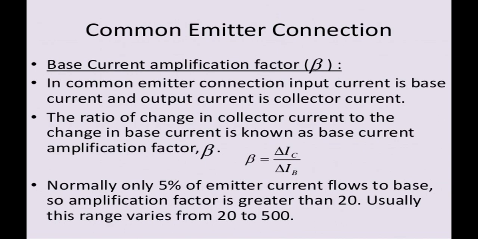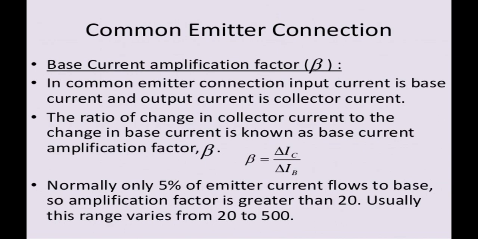The ratio of change in collector current to the change in base current is known as the base current amplification factor beta. Simply remember this: beta is equal to delta IC upon delta IB, the change in collector current over the change in base current. Another definition of beta is the rate of change of collector current with respect to base current.